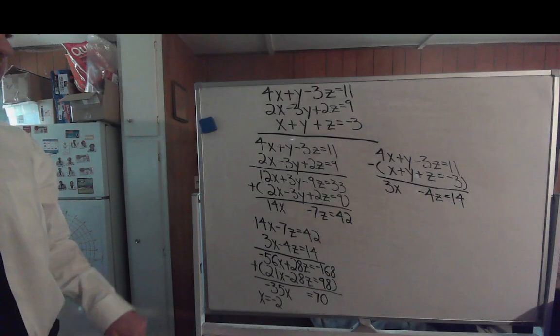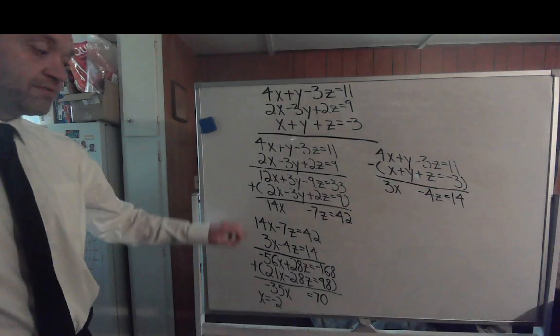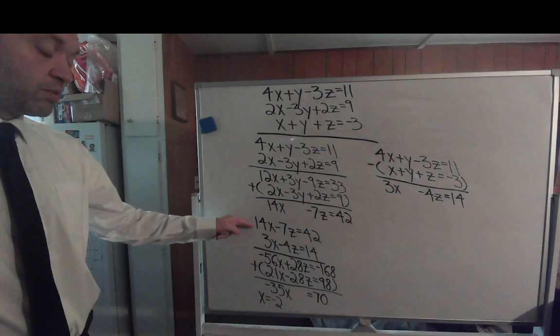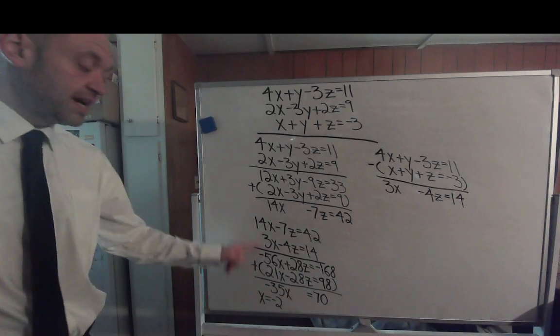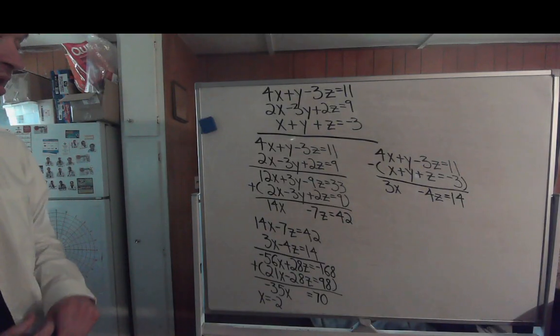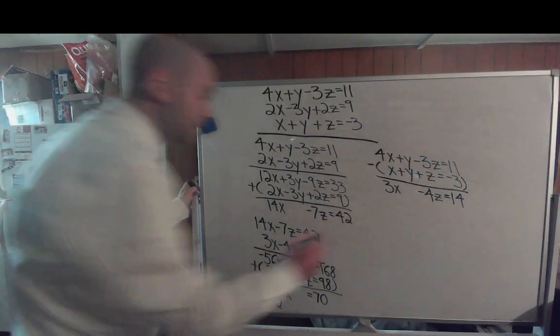Now, since we eliminated y, we based this x value off of two equations where we eliminated y. We need to pick one of these two equations with the y variable eliminated, stick the x value into that, and solve for z. That would be the next thing we do. I'm going to pick the 3x minus 4z equals 14.